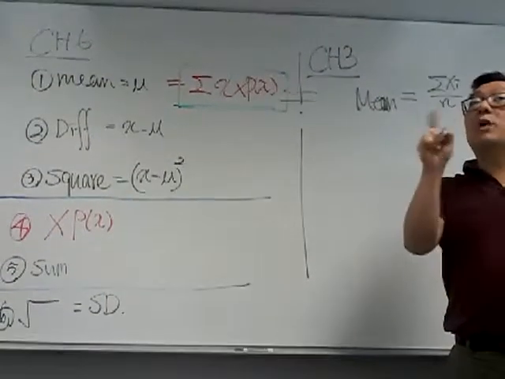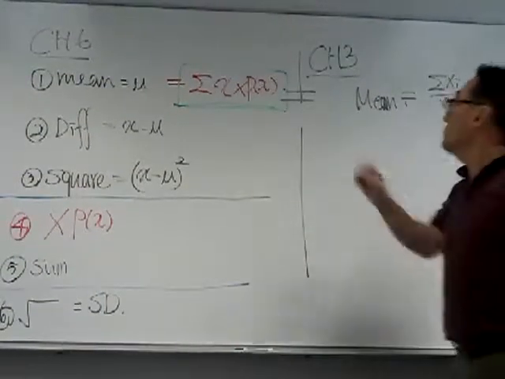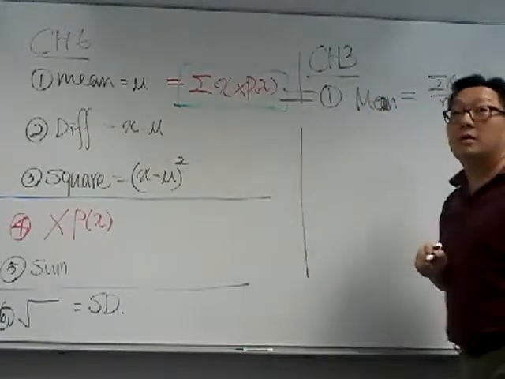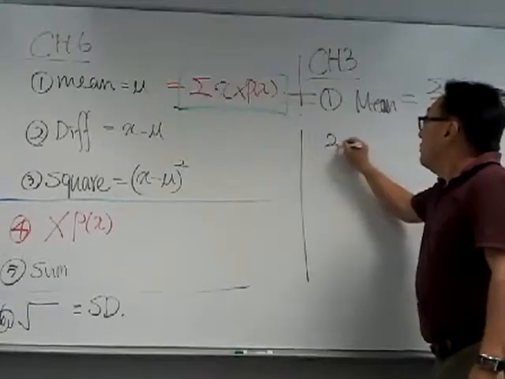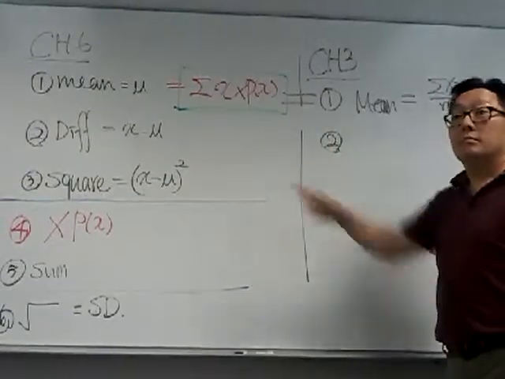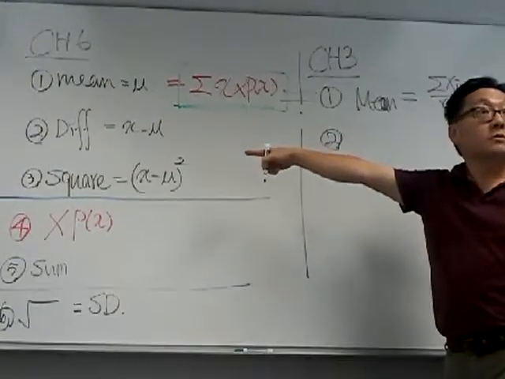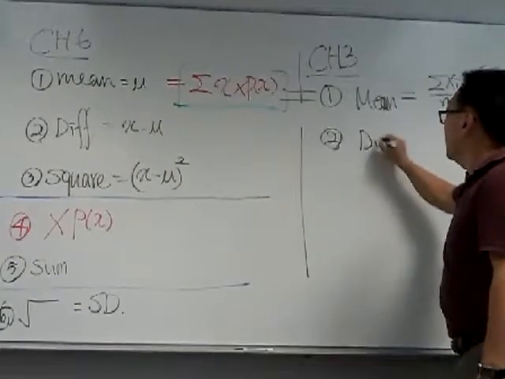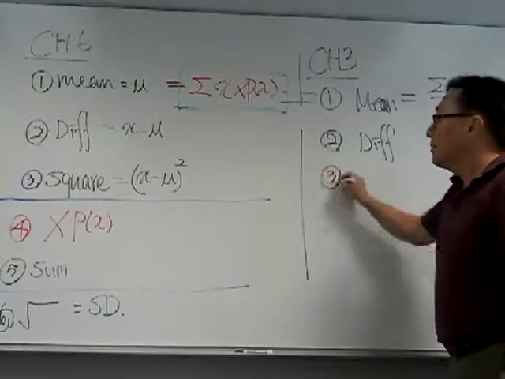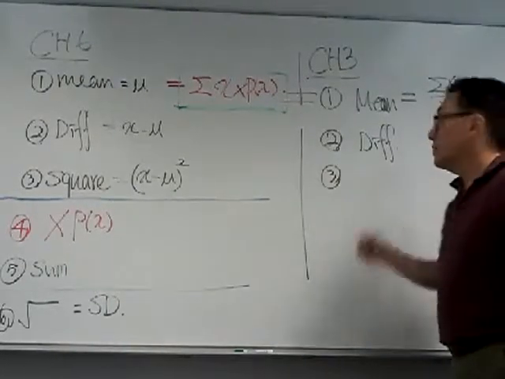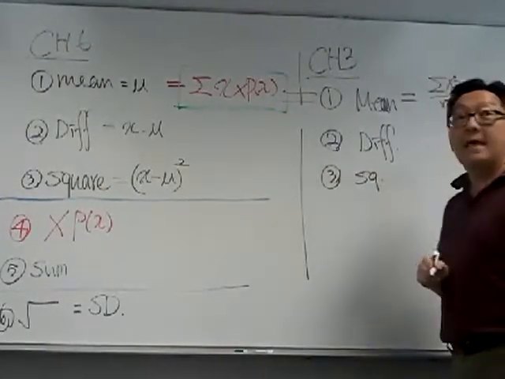Even when we took the standard deviation in chapter 3, it was the first step. What was the second step? Subtraction, the difference. Same. Step 3, we took the square. Yes. Same.